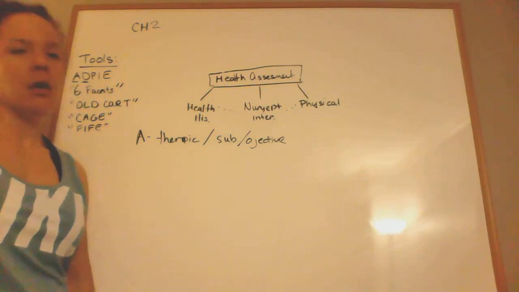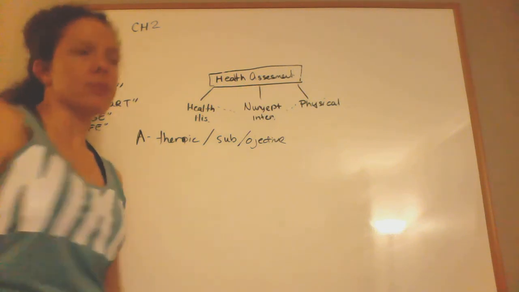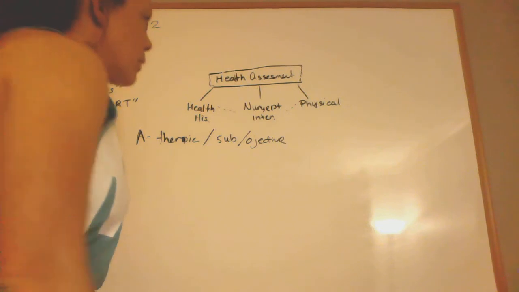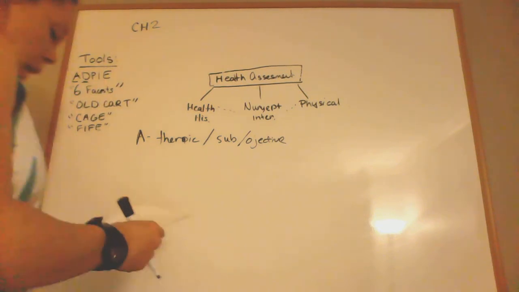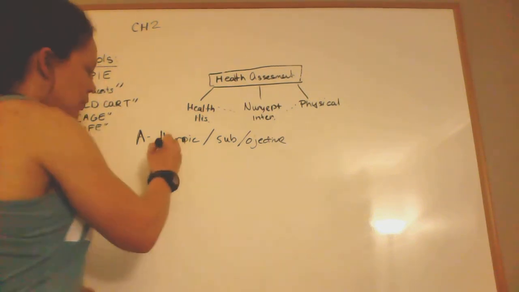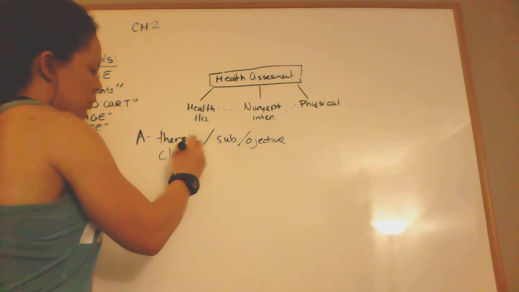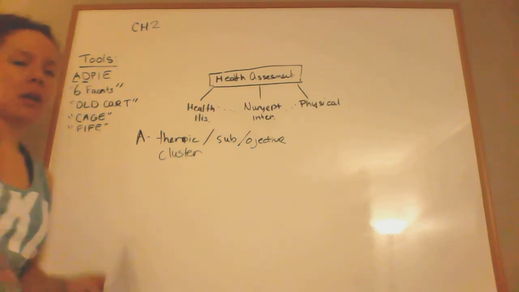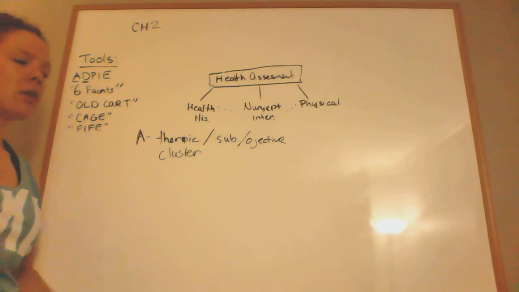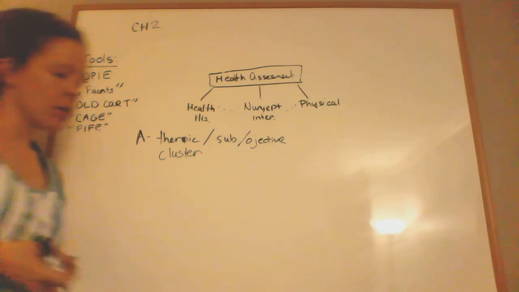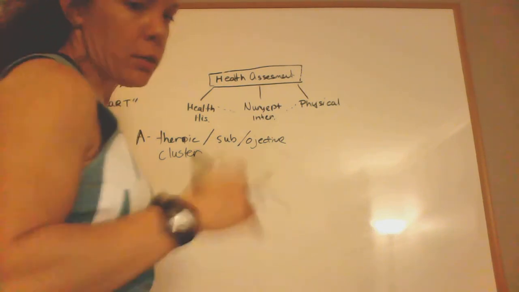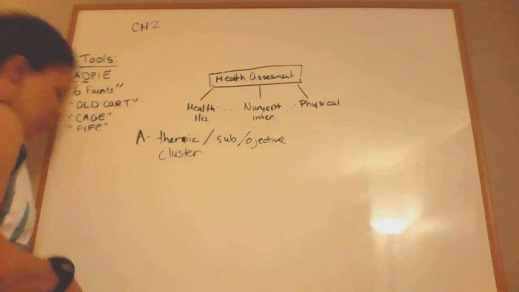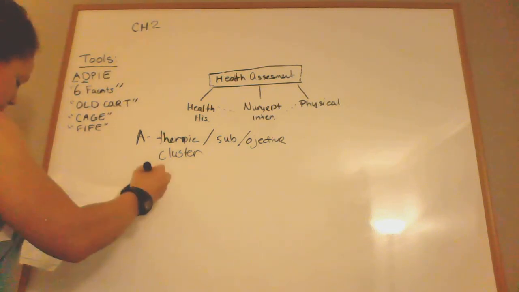Their foot is blue. So that's objective information. And then clustering of data. You're going to get this whole spew of data, and being able to assess and cluster the data into symptoms or regions so that we can make connections is part of your critical thinking process, and we'll break it down a little bit more.